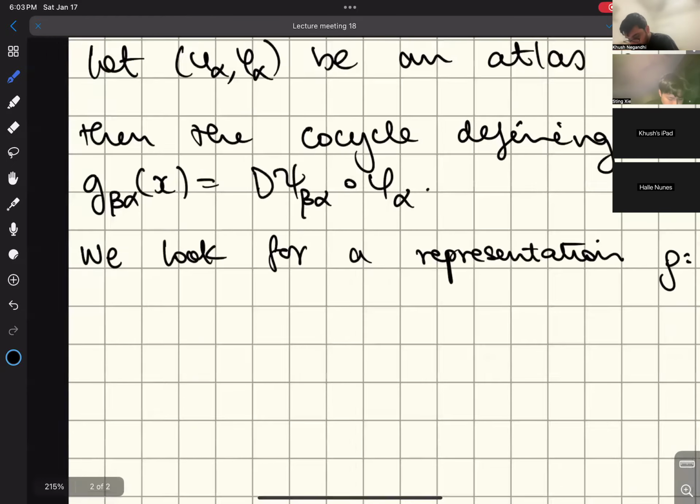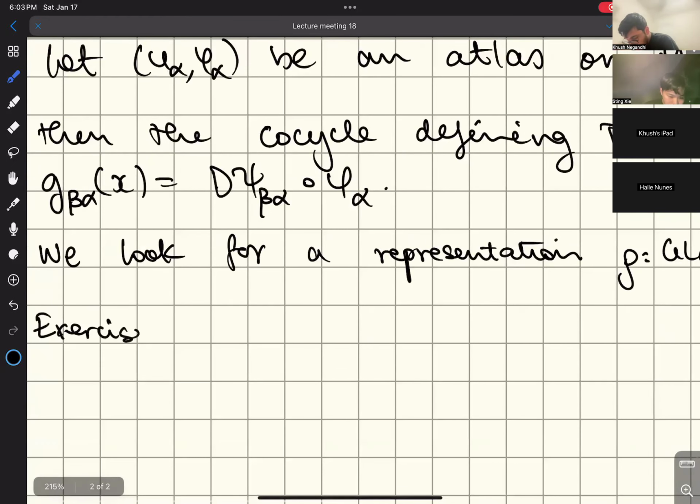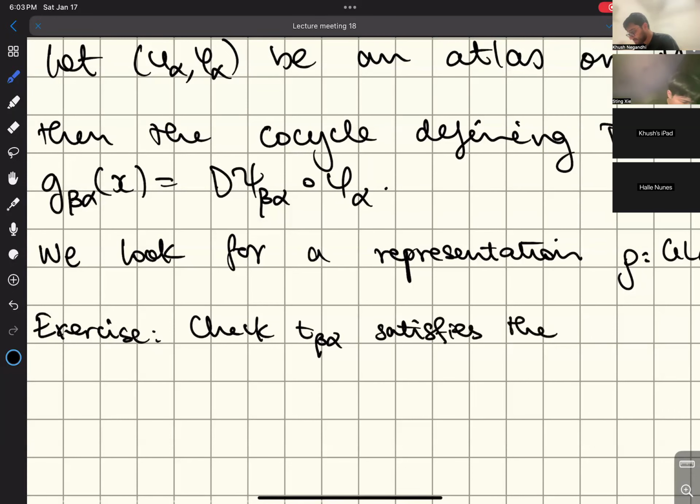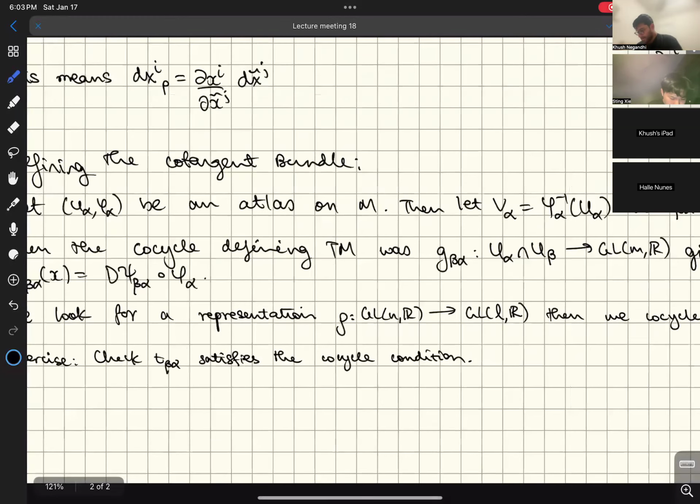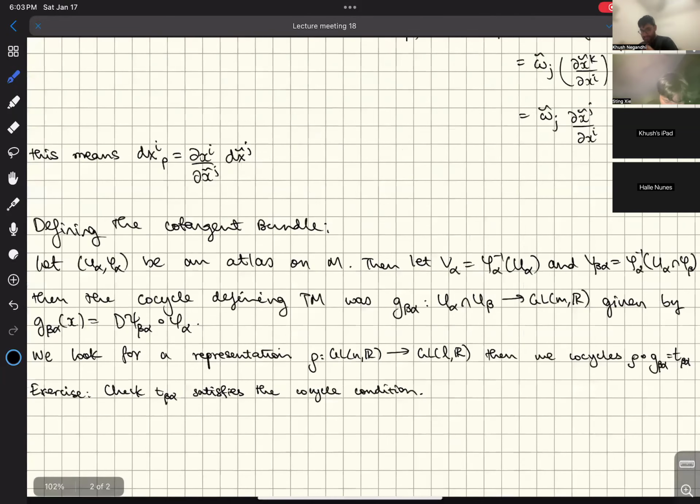And now we have an exercise here. Check that T beta alpha satisfies the cocycle condition. Okay, and now in the case of the cotangent bundle, we clearly see that this representation should be the dual representation.